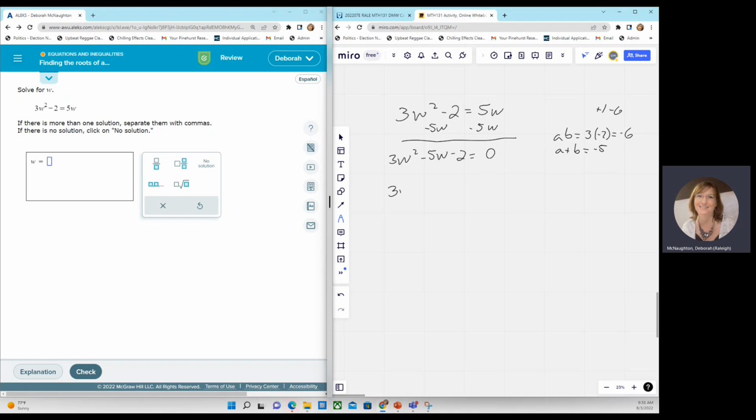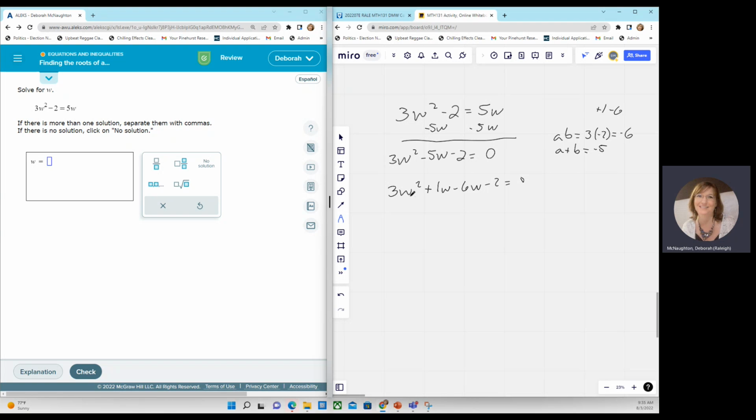So I'm going to go 3w squared, and then I have to pick what goes where. I want something I'll be able to factor. If I put the 1 here with the 3w, I won't be able to factor this term at all. If I write it like this, 3w squared plus 1w minus 6w minus 2 equals 0, that does add to -5w, but I can't factor this term at all.